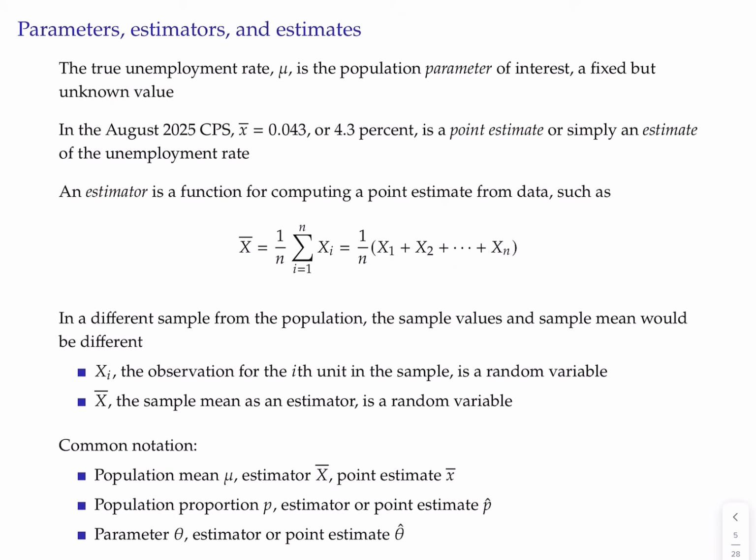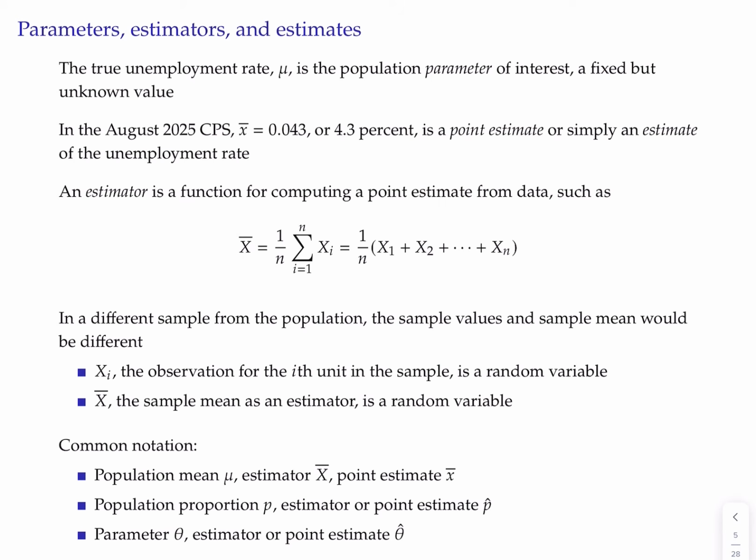And so every single person, if there's tens of thousands of people here, these variables are going to resolve to 0 or 1 according to whether the person's unemployed or not. And we're just going to take the average. Just adding up all the zeros and ones will count the number of people who are unemployed, and then we'll divide by the number in our sample, and that will give us an estimate of the unemployment rate.